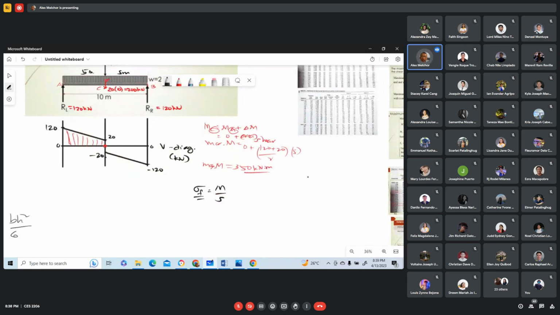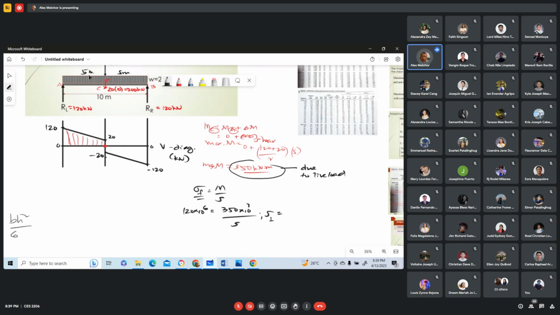So this will be 120 times 10 to the power 6 is equal to 350 times 10 cubed over S. Solving for S, this is the required section modulus for live load, because this is due to the loading.